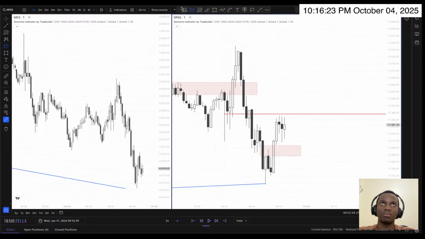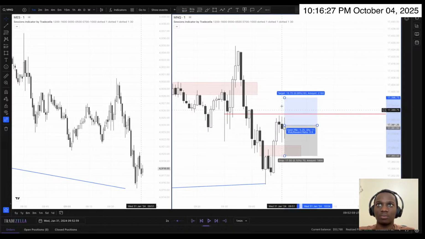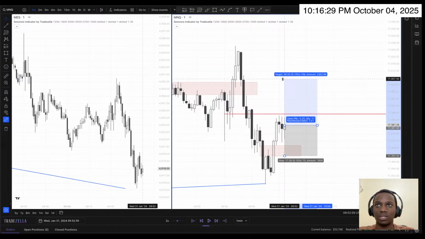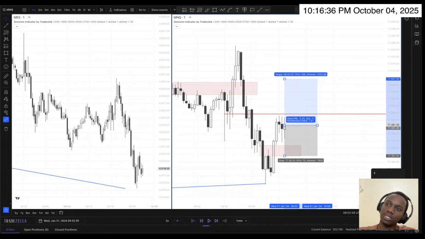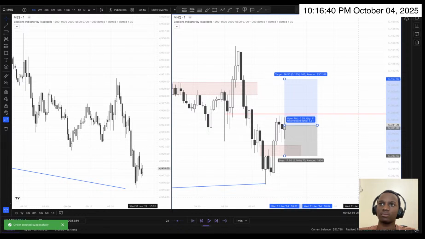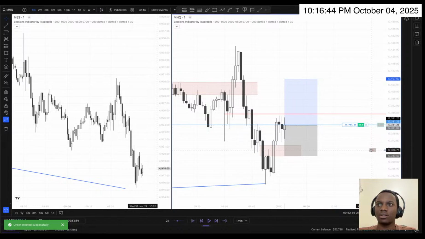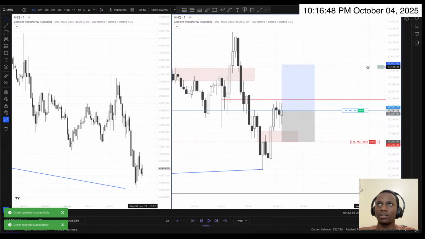So if we take buys inside here, then our stop is going to be like 1-to-1, something like this. So you can buy like 10 contracts of this, and move to break even once price hits somewhere around there. It can be an auto break even.